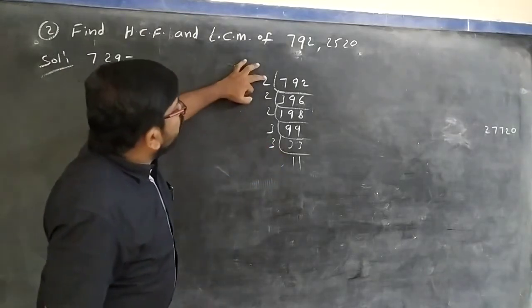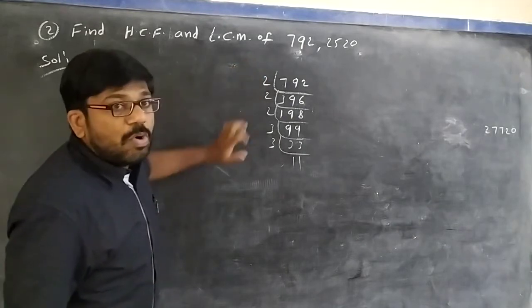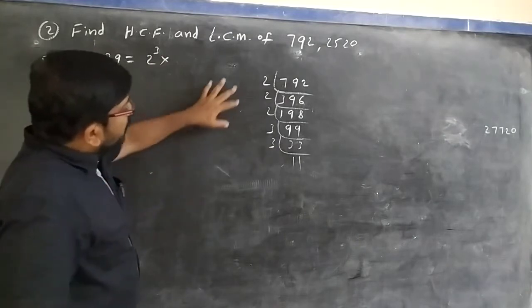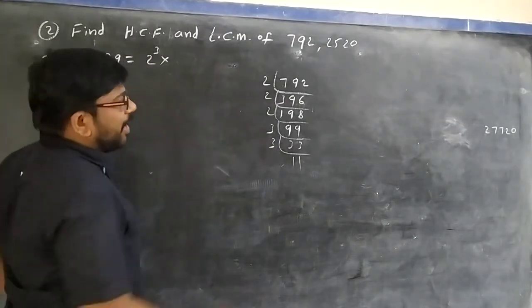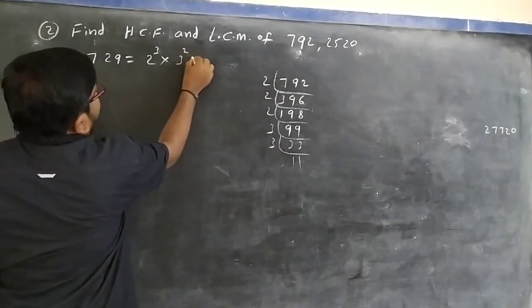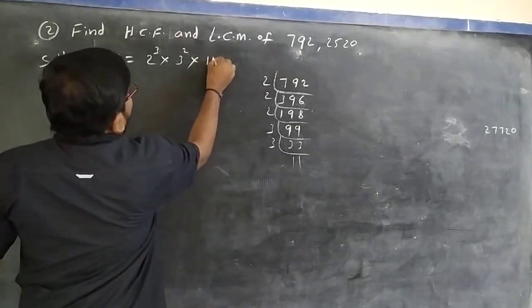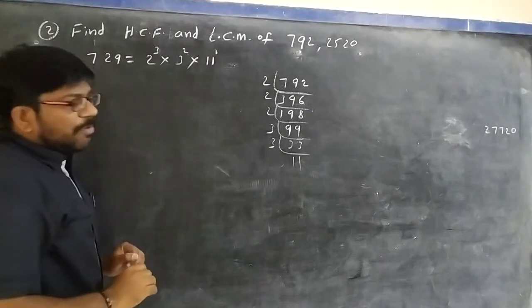Can we recognize 2 into 2 into 2? 2 cube. Into 3 into 3, 3 square, into 11. It is only 1, so 11 power 1. So completed.